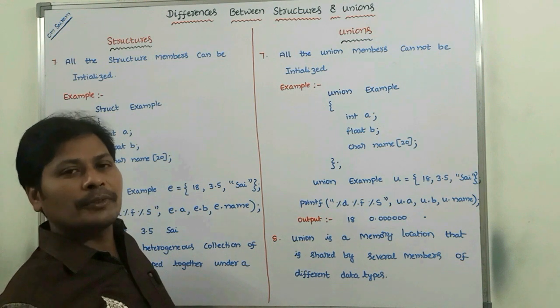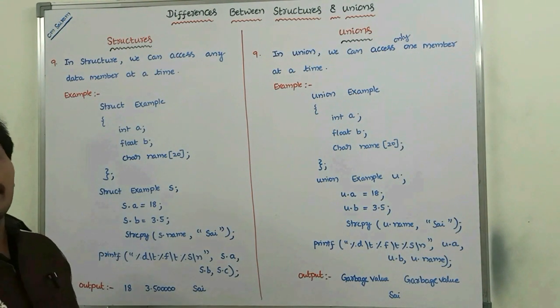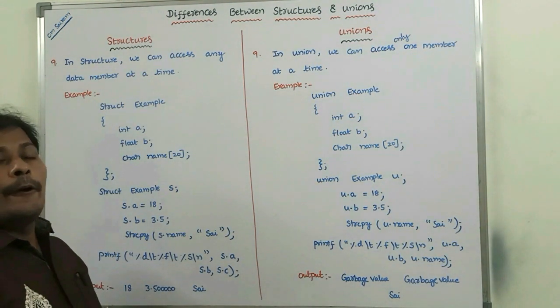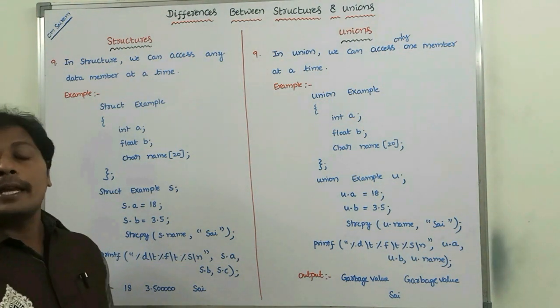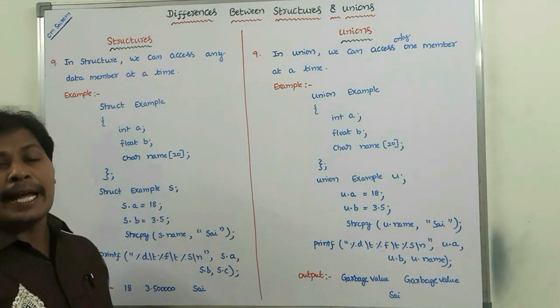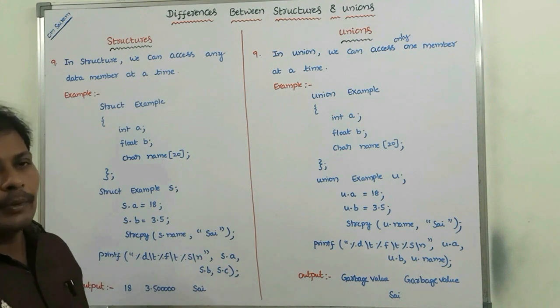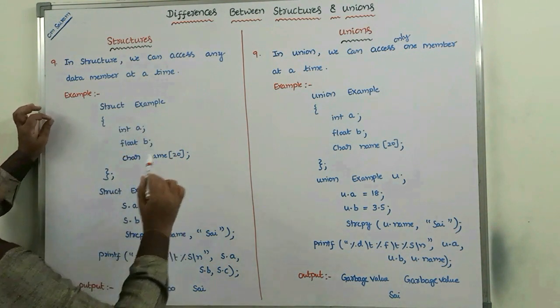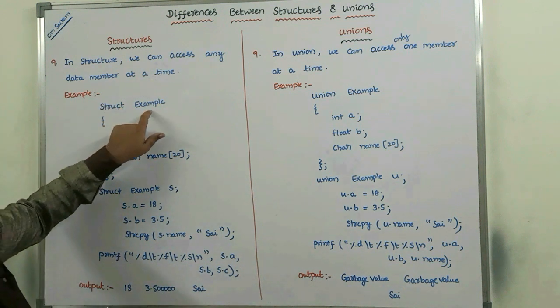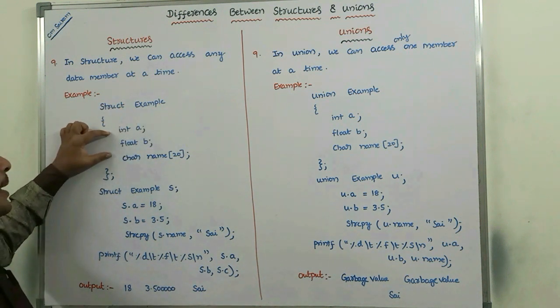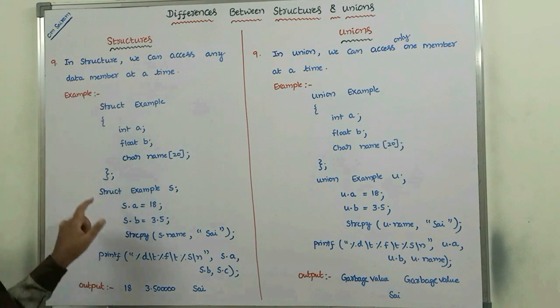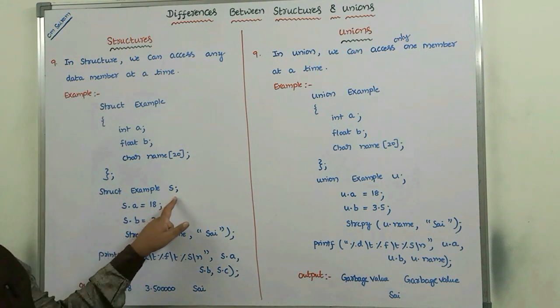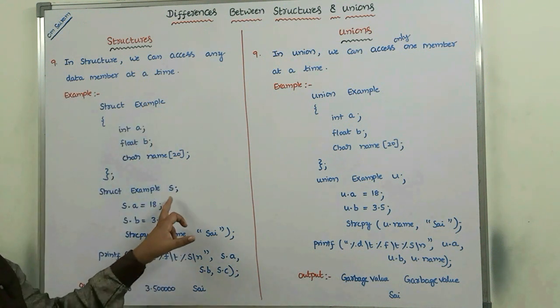Please observe that point. Next point in structure is we can access any member at any time from the structure. For example, this is the given struct example. These are the data members of the structure. We are creating a variable for the structure, s.